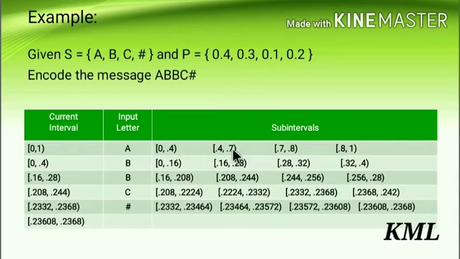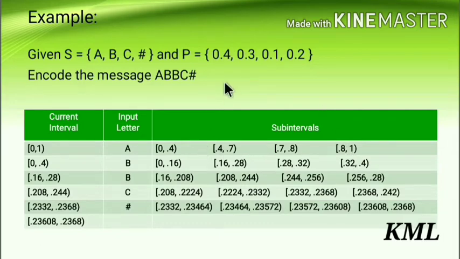Next, right of previous equals left of current. So this 0.7 comes here. Now how to find this? Take the sum of these three. So 0.4 plus 0.3 plus 0.1 gives you 0.8. Next, right of previous equals left of current. And how to find this? Take the sum of all the probabilities. So you get 1 here.